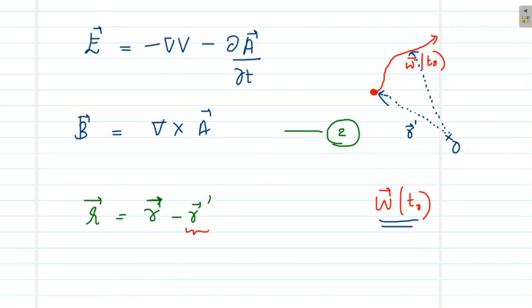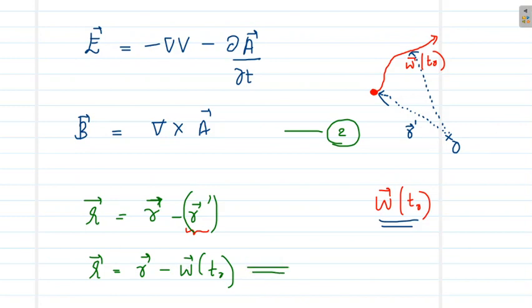We will be using curly r bar as r bar minus w bar of t_r in this derivation. In the concept of the Liénard-Wiechert potential as well, curly r bar stands for r bar minus w bar of t_r, because r bar dash is not a consistent stationary vector in the case of a moving point charge.